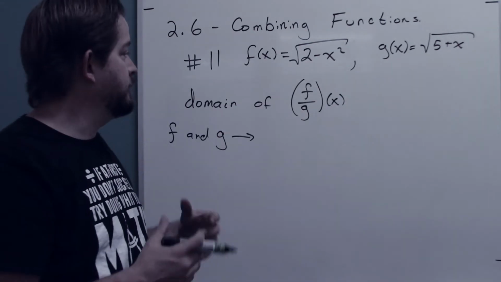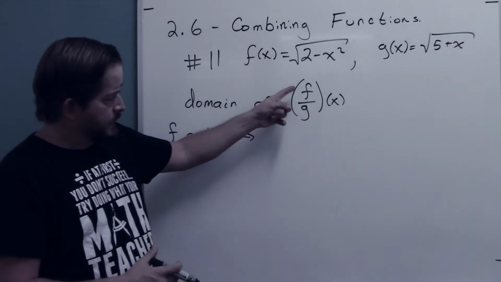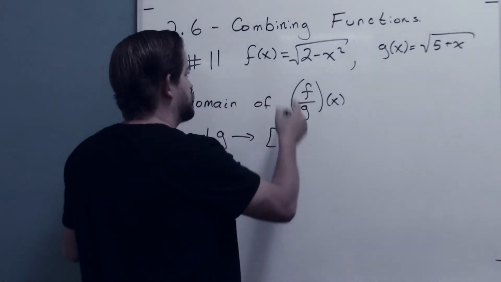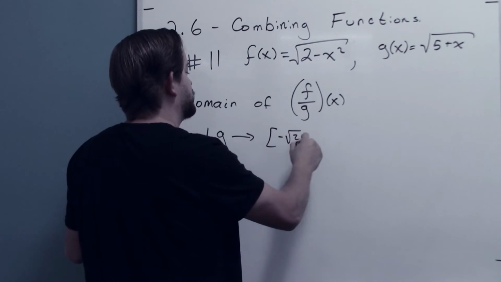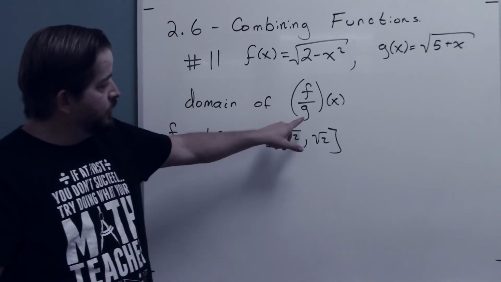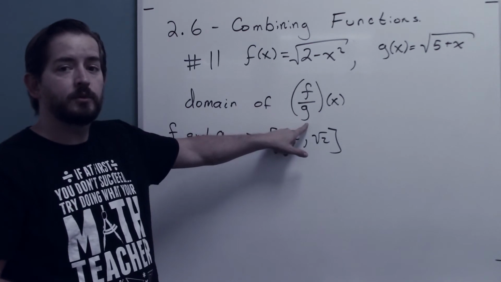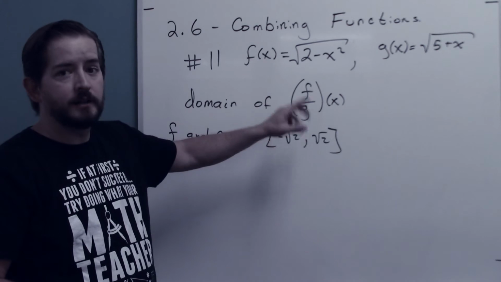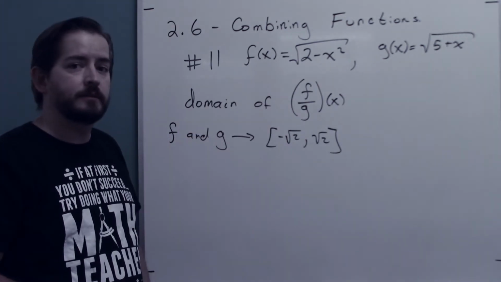But those last two problems, the domains that we found that included f and g, had the domain of simply f, which was negative root 2 to root 2, right? This problem, though, has one more thing that I have to worry about, and that is g. And when g is in the denominator, all of a sudden g can't be 0, right?